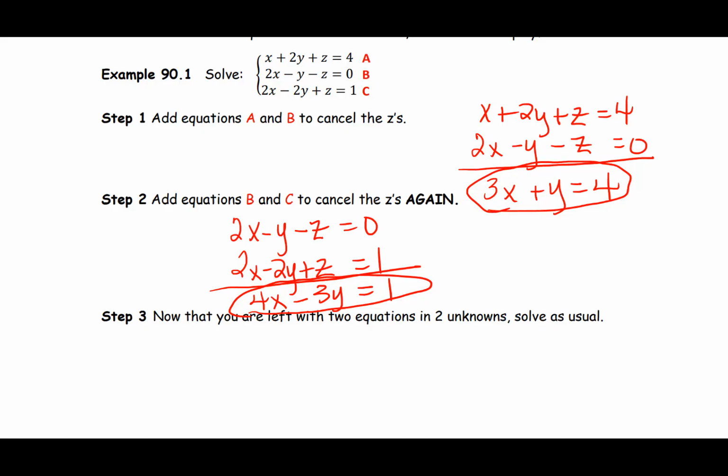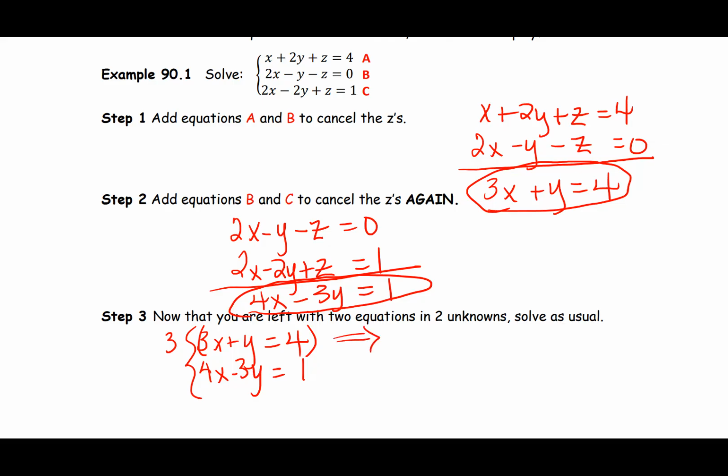And now I can just solve that system of equations. 3x plus y equals 4, and 4x minus 3y is equal to 1. So there they are, and I already know how to do this, right? If I multiply that first equation by 3, I'll be able to cancel the y's because there is negative 3y in the second equation and just 1y in the first equation.